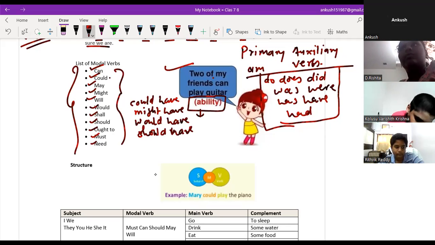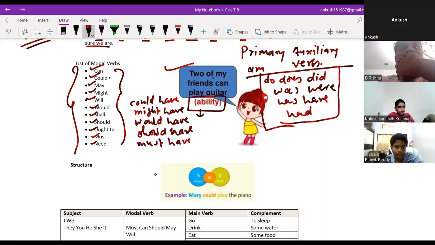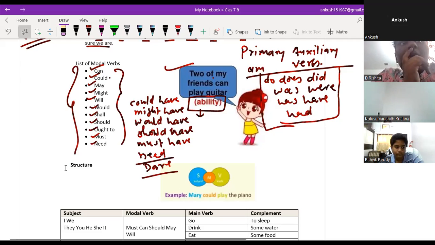These are also helping verbs. What these helping verbs are, that also I will be telling you separately. Must have. Need is given. Dare is not given. So these helping verbs are also to be discussed in this lesson.